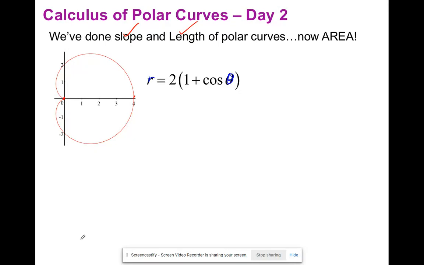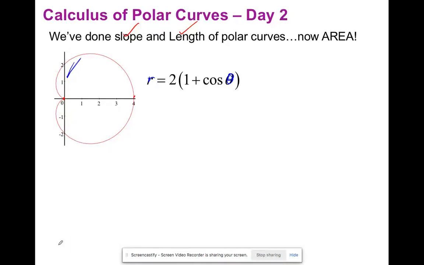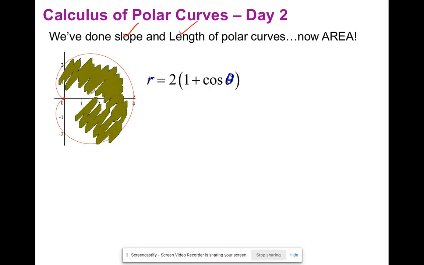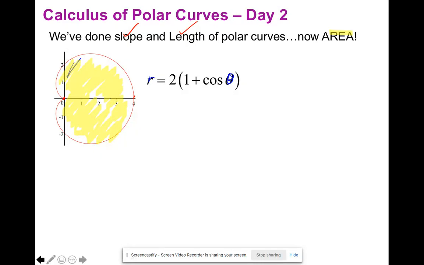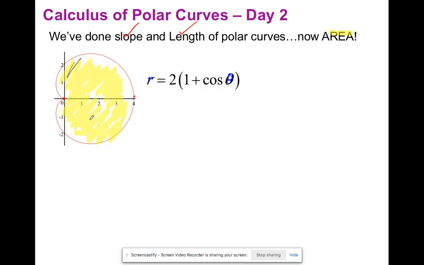And if I want to find the area inside there, it is pretty intuitive, this part. I want the whole thing. So area is going to be integrating. Now, I'm just going to give you the formula, but if you remember, when I'm graphing, I go out a certain radius and then rotate.